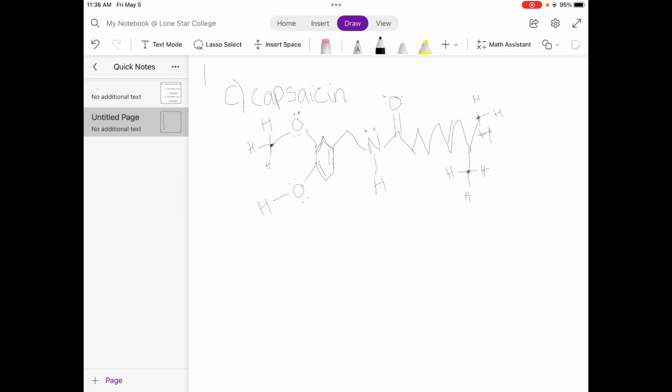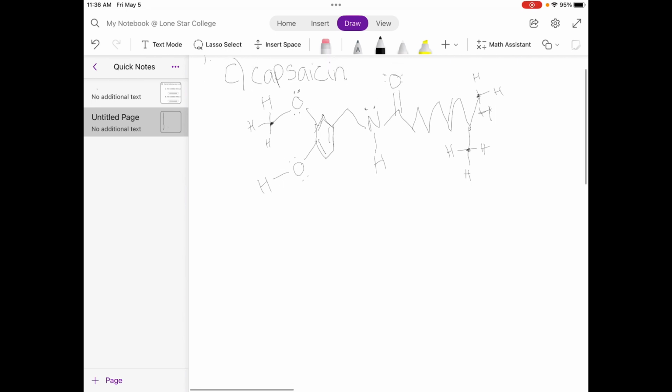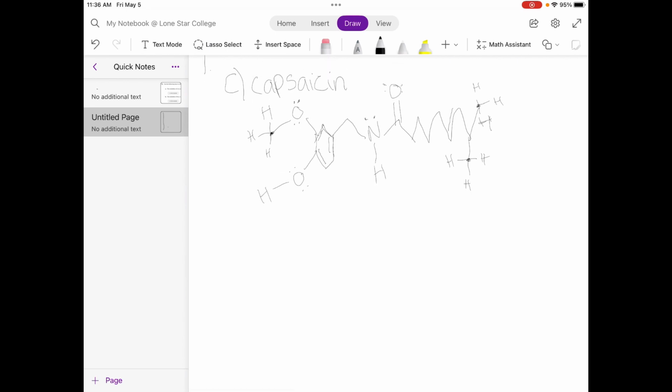Actually, if you look at it, there's actually resonance. So I'm gonna remake this. Okay. So this nitrogen right here, it has 1 lone pair. Actually, no, sorry. That one does not work because the pi bond is not close enough.